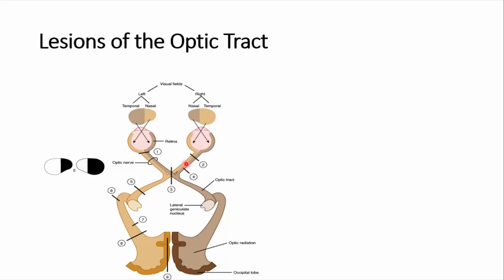And the opposite side nasal fibers are getting affected, which corresponds to the temporal visual field in the right eye. So we'll have a right-sided field defect in the left eye and a right-sided field defect in the right eye. So this would be a right homonymous hemianopia on the contralateral side because it's a left optic tract lesion. Okay.